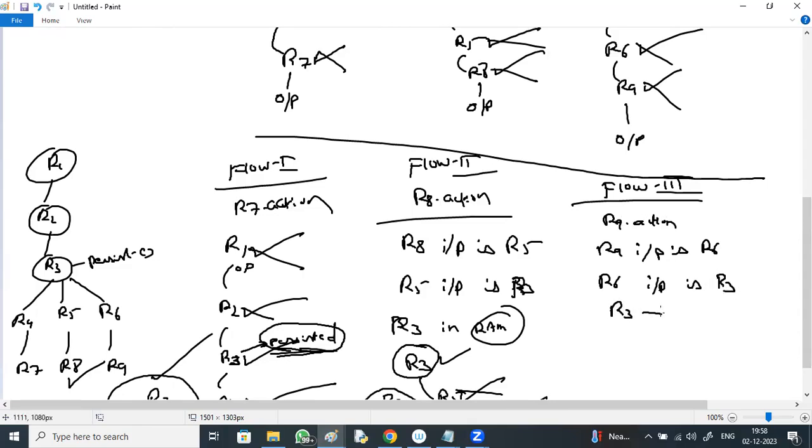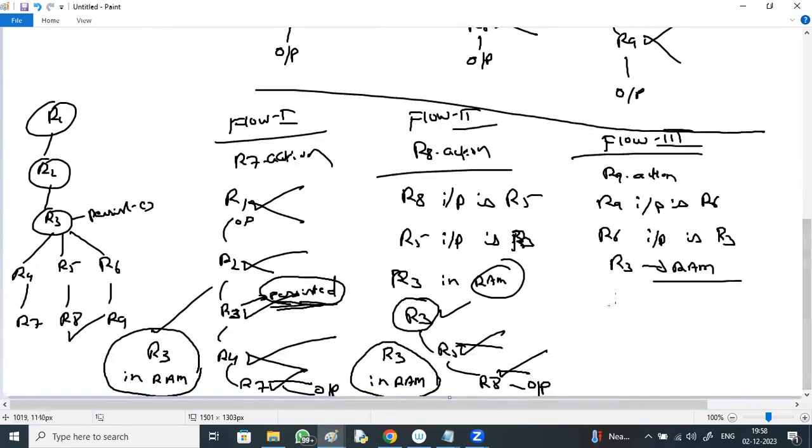R3 is present in the RAM, right? Now the flow will be R3, R6, R9. Once R6 is ready, R3 won't be removed. Once R9 is ready and the output is collected, R9 gets removed, right?